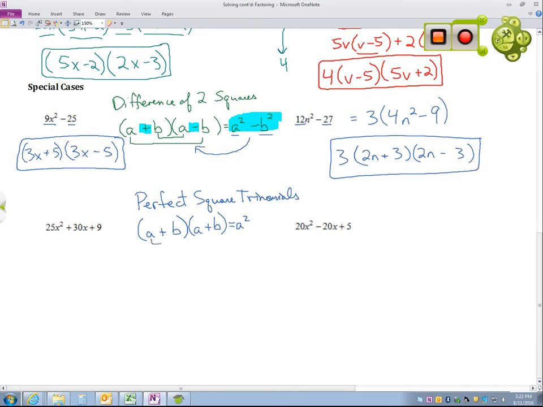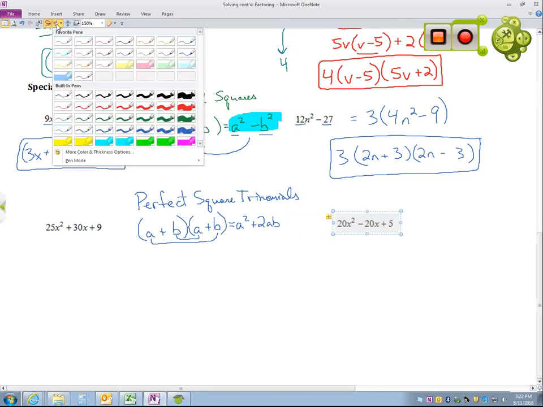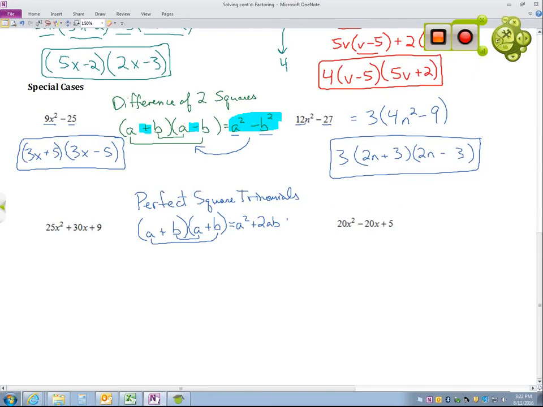Our outside and our inside terms would both be ab, which means we have 2ab in the middle. And then the last term, b squared.